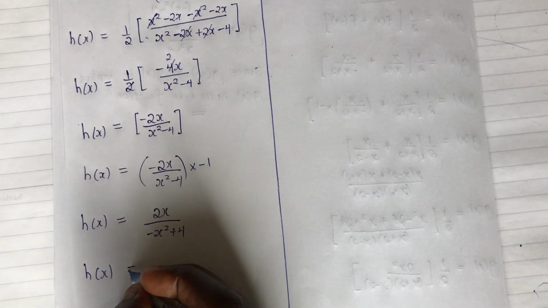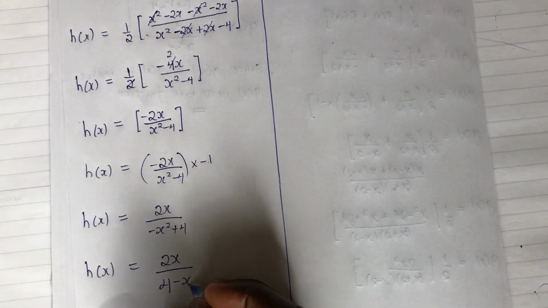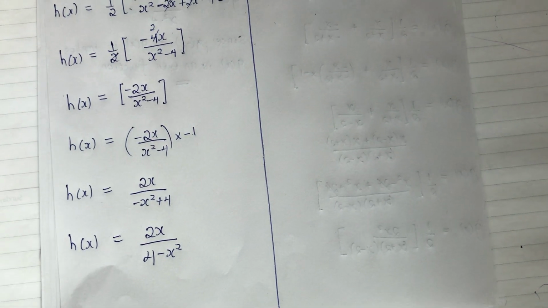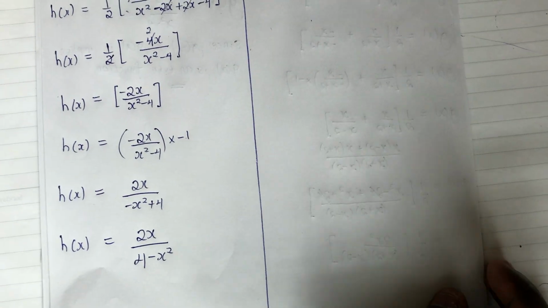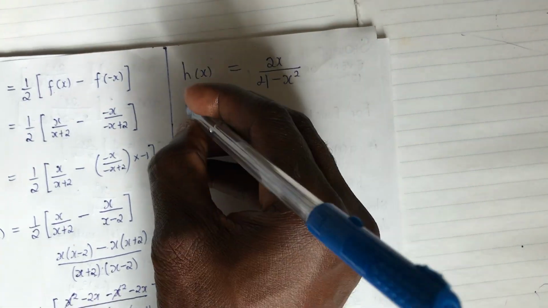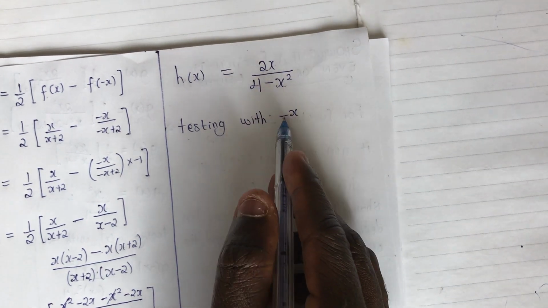H of x is going to give us 2x out of 4 minus x squared. So this is h of x. Now that we have h of x, we can test to see if it is even or odd. Now we test with a negative x. So wherever I see x, I'll substitute negative x.